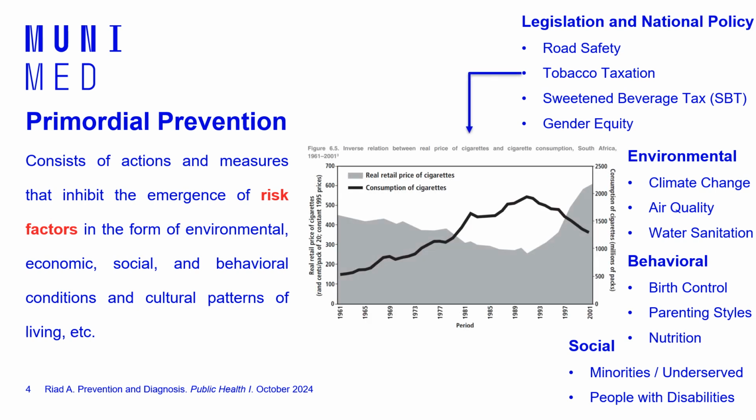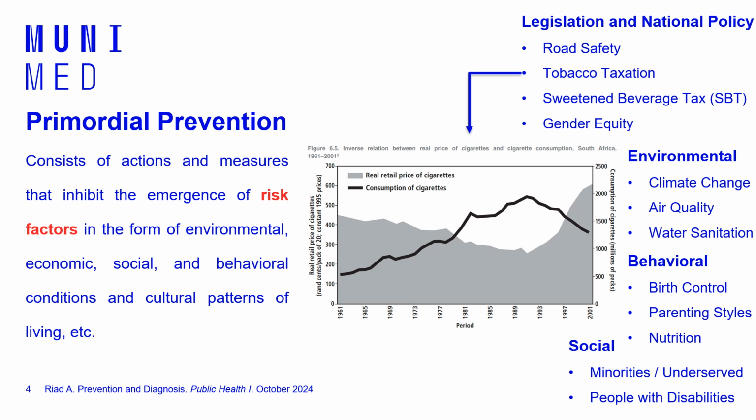Okay, this graph represents a real example from South Africa between the years 1961 to 2001 for the rates of tobacco consumption and the real retail price of cigarettes. As you can see in this gray line, the price of tobacco was decreasing between 1961 and 1993, and so during this period the consumption rates gradually increased significantly.